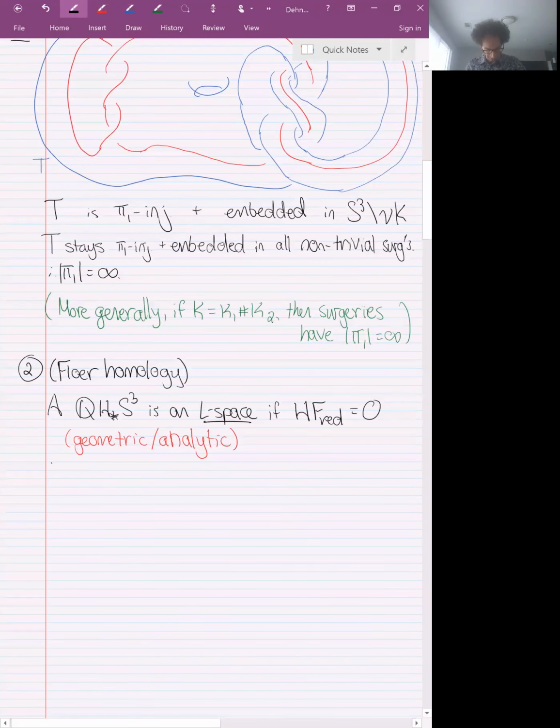So I'll give you an example. If your 3-manifold has a metric of positive scalar curvature, then this geometric information obstructs the existence of interesting solutions to these equations, and so one gets that your manifold is an L space.